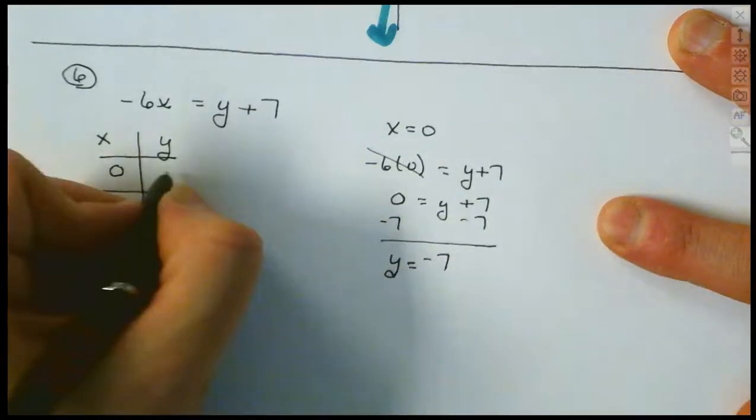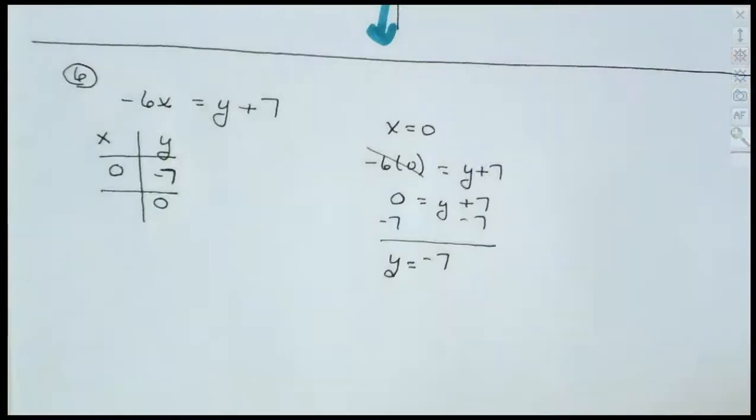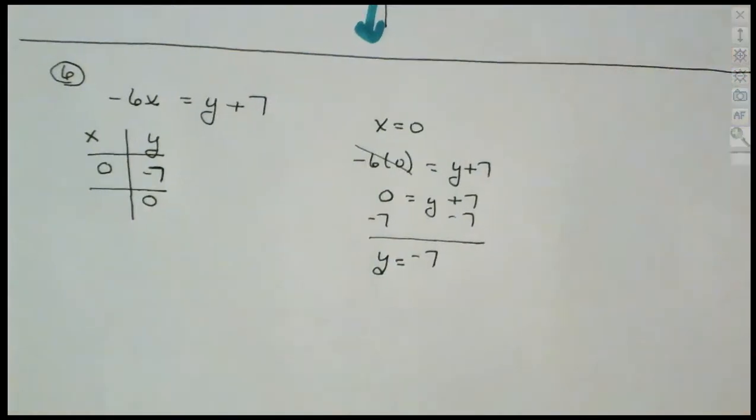Y equals negative 7. So that's not difficult at all on that point. When we do the y equals 0, we may end up with a fraction. And that's okay, because we can still graph the fraction. We just kind of guess as to where it's at when we go to graph these. So now we've got x equals 0. We plug that in. We got negative 7.